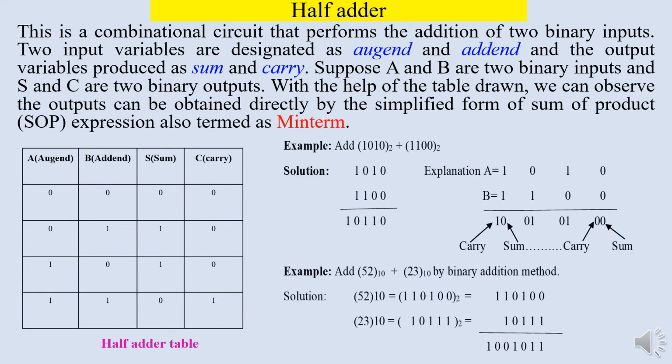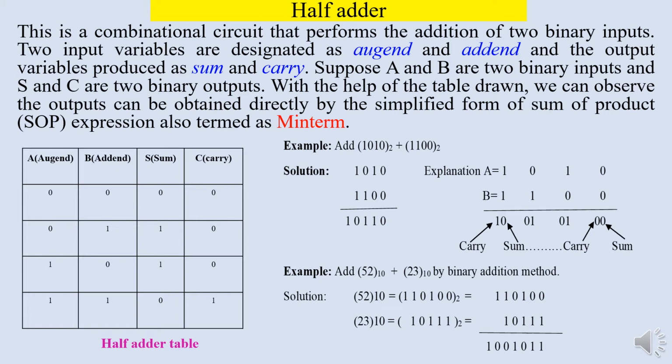Now it is the time to discuss half adder in detail. Half adder is a combinational circuit that performs the addition of two binary inputs. Two input variables are designated as addend and addend, and the output variables produced are sum and carry.